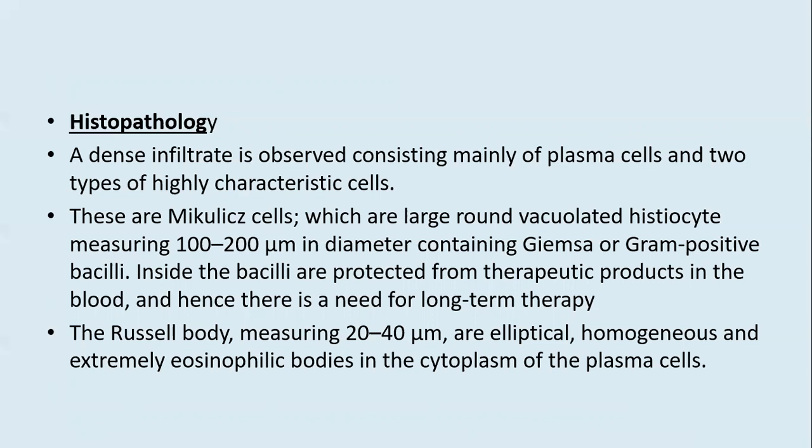Inside, the bacilli are protected from the therapeutic products in the blood, and hence there is a need for long-term therapy. Russell bodies are 20 to 40 micrometer, elliptical, homogeneous, and eosinophilic bodies that are found within the cytoplasm of the plasma cells.